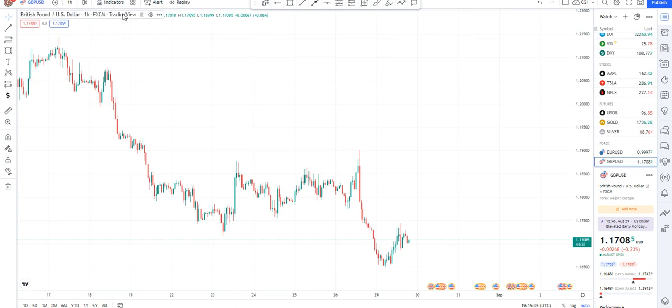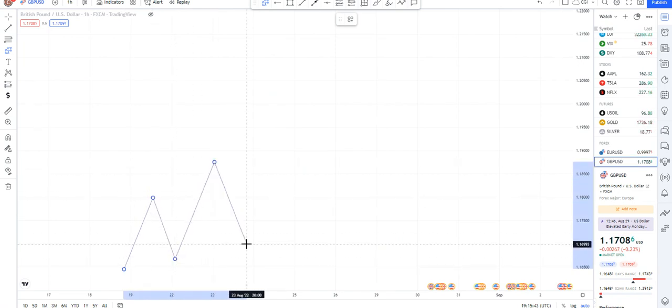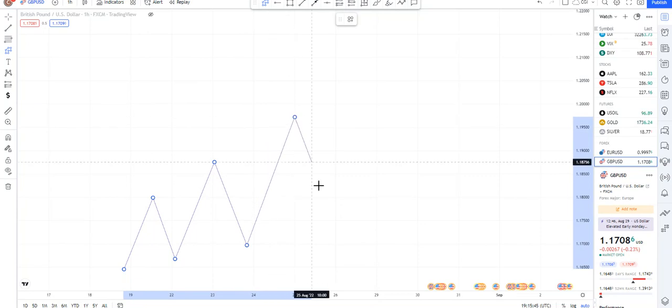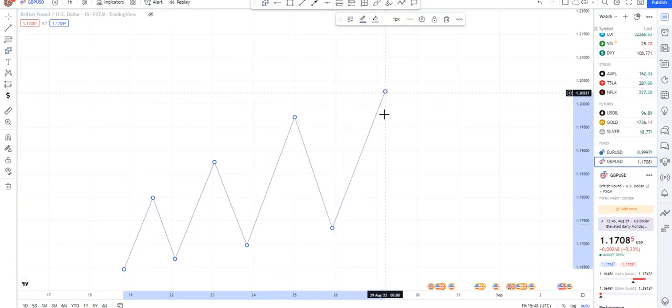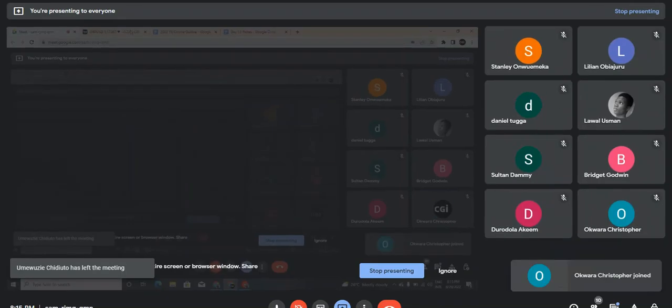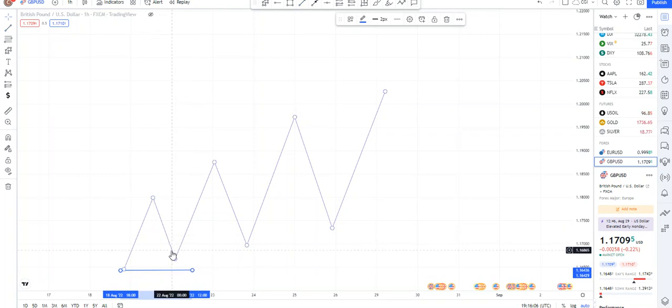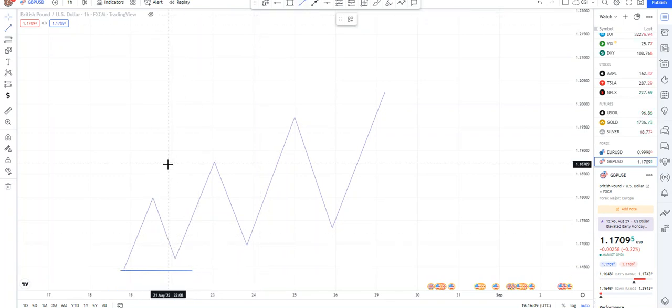If you have an uptrend like this, your major liquidity are basically those areas that you don't expect price to go back to. So which means that our higher lows, pardon me, our higher lows, these are the major liquidity.